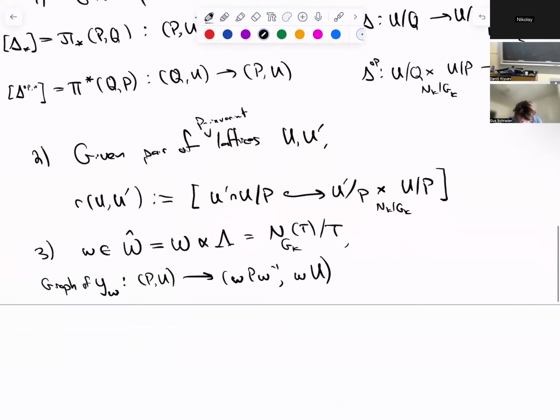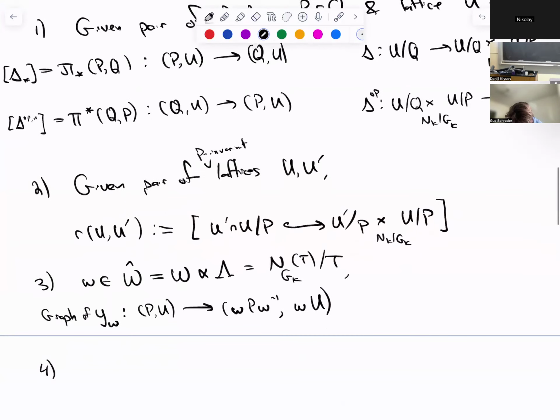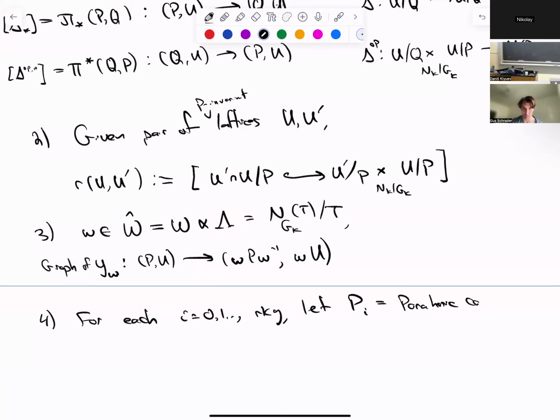Okay, and there's this last sort of morphism, where you just compose pull back and push forward so that you actually get an endomorphism. So for each simple reflection, let P_i be the parabolic corresponding to the simple root.